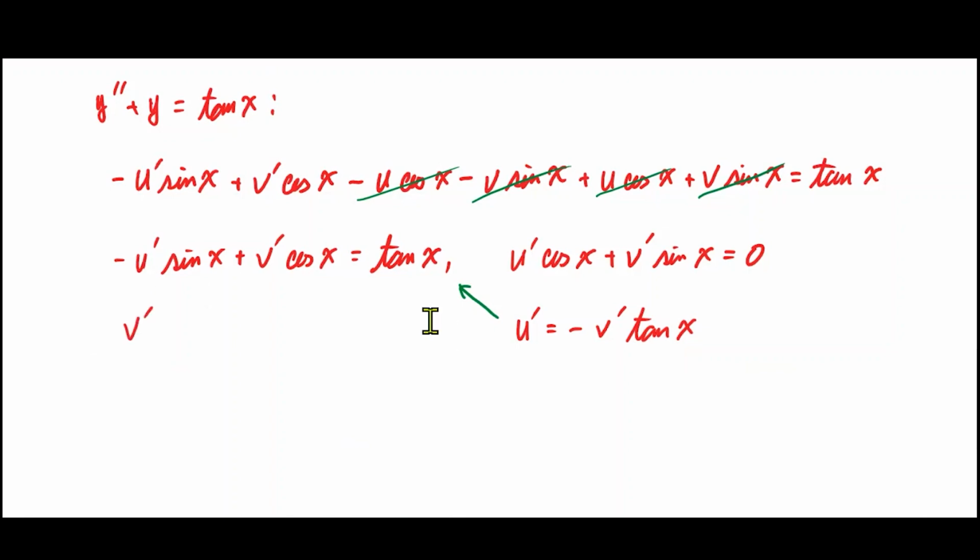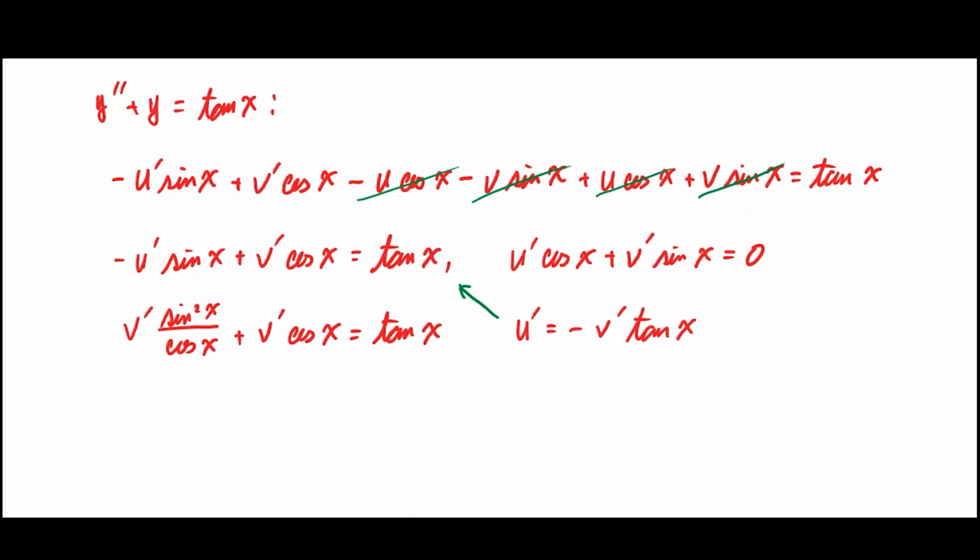And sine x times tangent. Tangent is sine over cosine already, isn't it? So what I have is sine squared x over cosine x. You with me? Plus v prime cosine x is equal to tangent x.